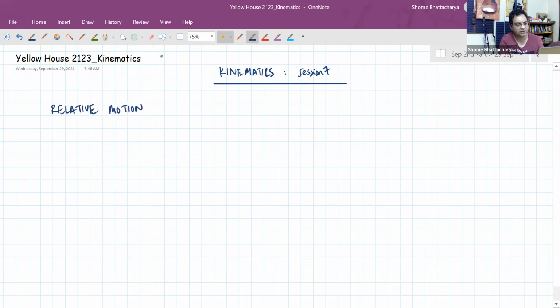So we will also apply the relative motion concept to situations where we are looking at projectile motion, but it will be in specific situations as we'll discuss.